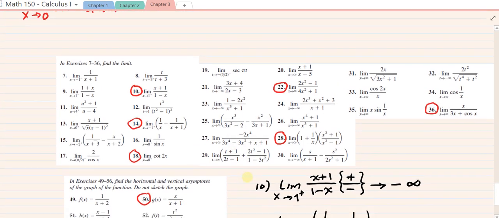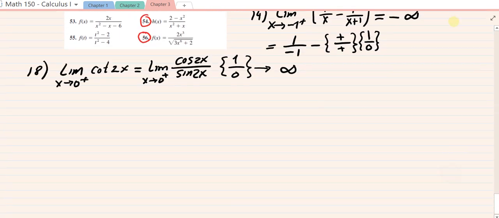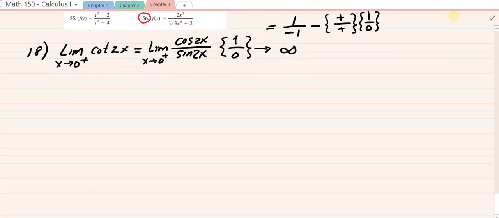Let's take a look at number 22. Number 22, we have 2x squared minus 1 divided by 4x squared plus 1. So let's do that one. In number 22, the limit as x approaches infinity, actually, no, number 22 didn't approach infinity.